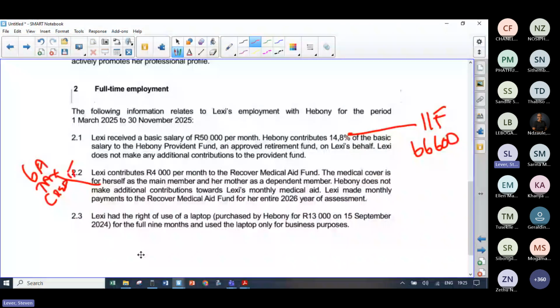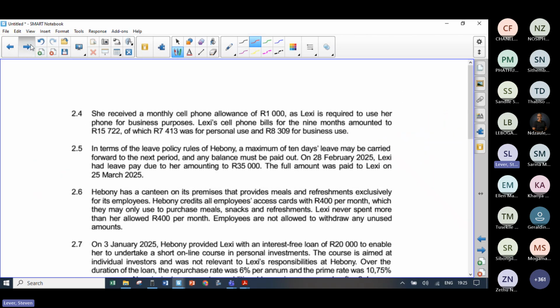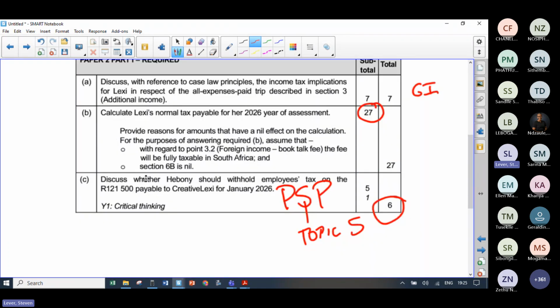It says 2.3. Lexi had the right of use of a laptop purchased by Hebony on 15 September for the full 9 months, and they used the laptop only for business purposes. Now, guys, inside the required, it says provide reasons for amounts that have no effects on the calculation. And it also says for purposes of answering required B, assume that the foreign income is fully taxable in South Africa and section 6B is nil.